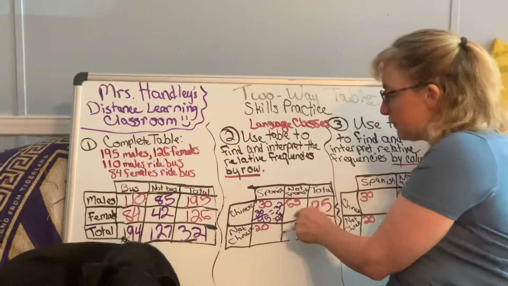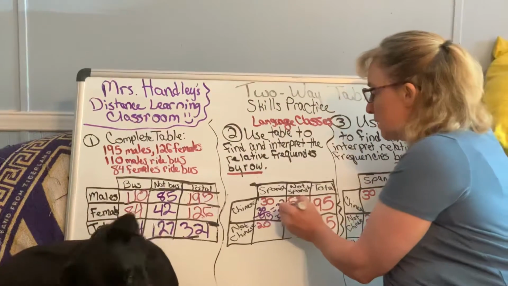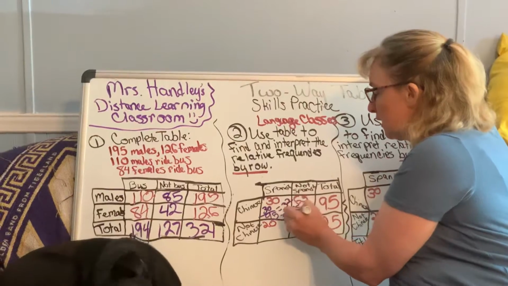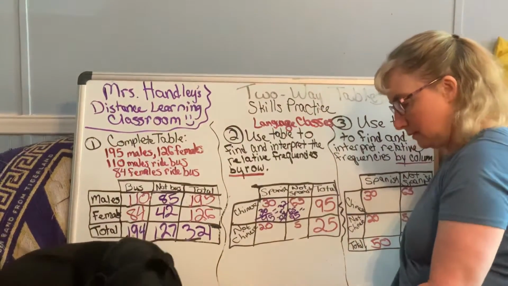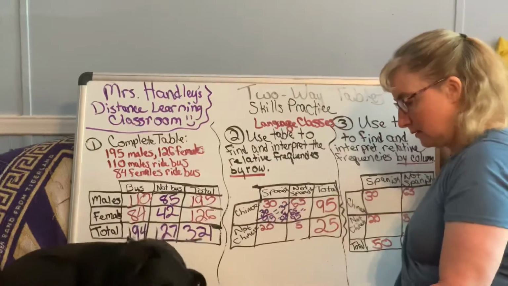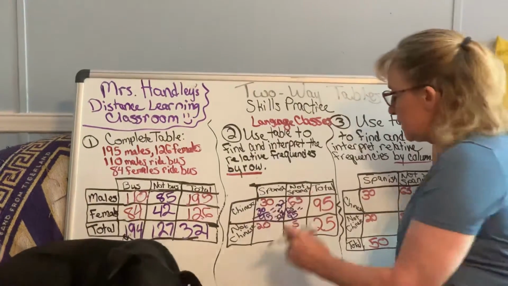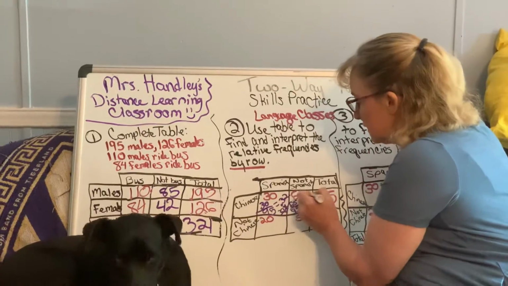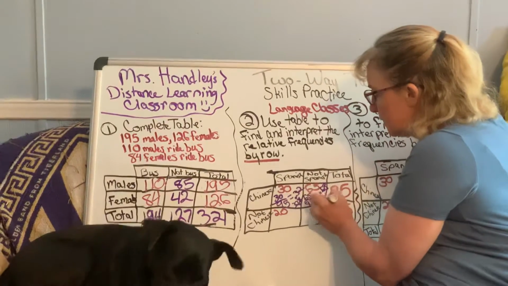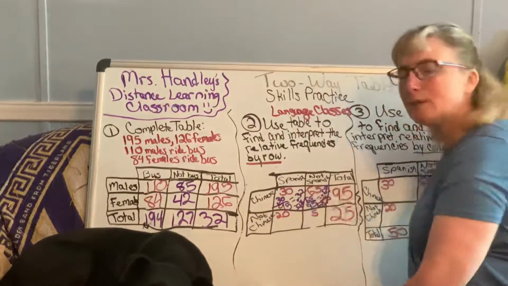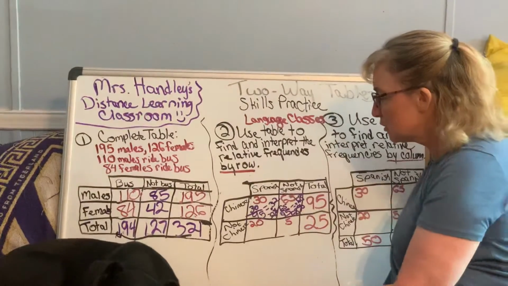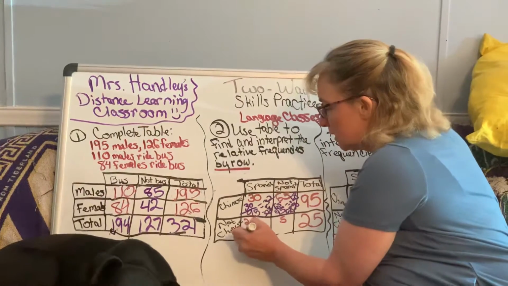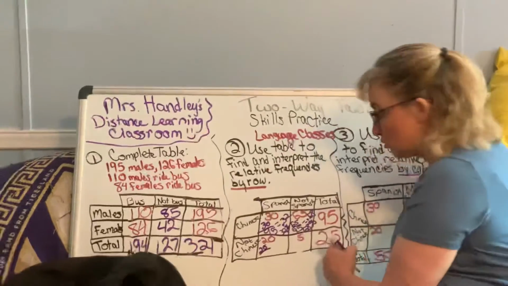And we do the same thing with all 4 of these. So this one is 65 over 95. And we get 0.68, which is 68%. Because we're dealing with statistics, the percent seems to make a little bit more sense to use. This one is 20 over 25.